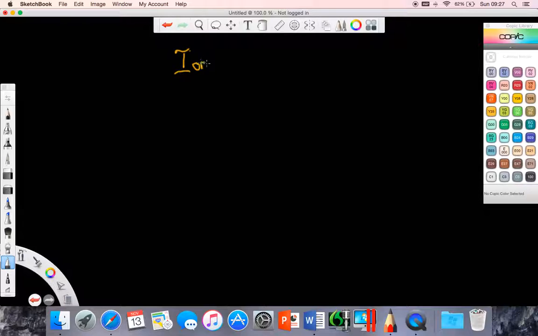Okay, so over previous lessons what we've actually looked at is we've said that atoms have a neutral charge. Now this is because they're neither positive nor negative.